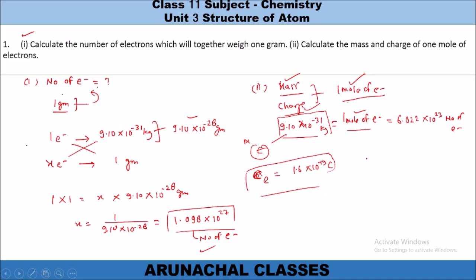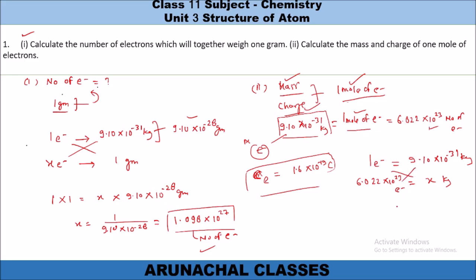So we can see here, if 1 mole of electron contains this many number of electrons, mass of one electron is given as 9.10 into 10 power minus 31 kg. Then these many number of electrons, 6.022 into 10 power 23 number of electrons, are having mass x kg.